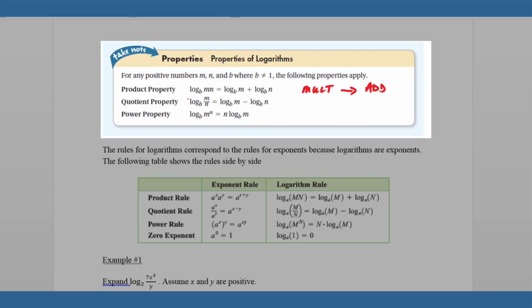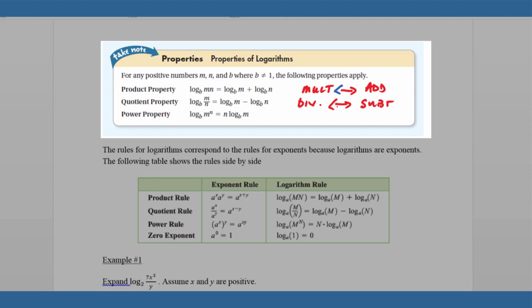If we wanted to condense multiple log statements into a singular log statement, we could go the opposite direction, from addition back to multiplication. The same thing happens with the quotient property. Division leads to subtraction, and of course if we were condensing, we could go back the other way as well.